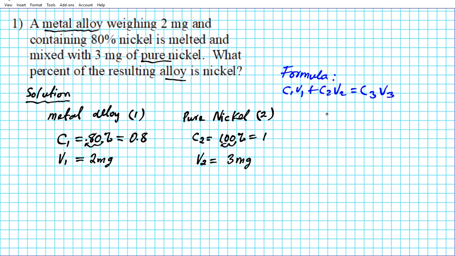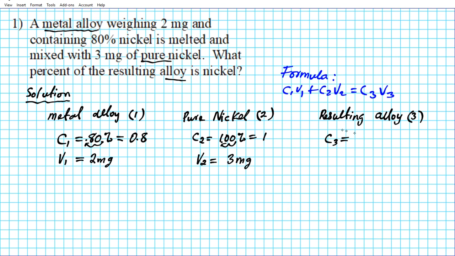And then the resulting alloy, we're going to call that 3. This is the mixture. C3 is the concentration of nickel in the mixture.